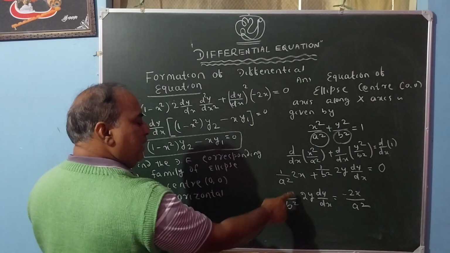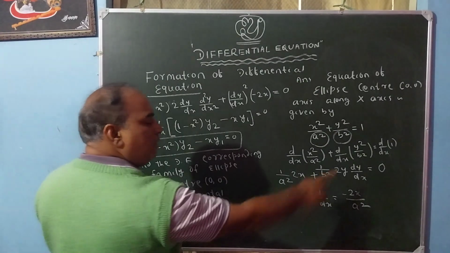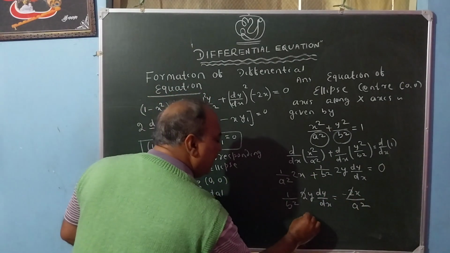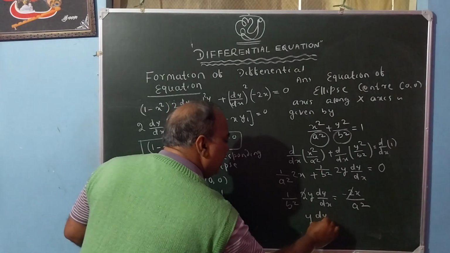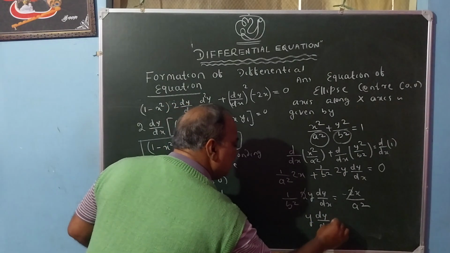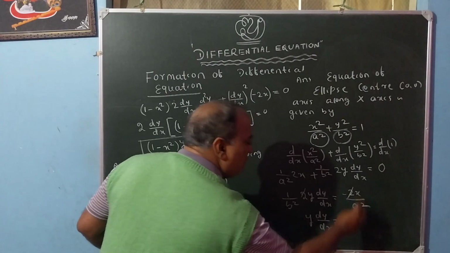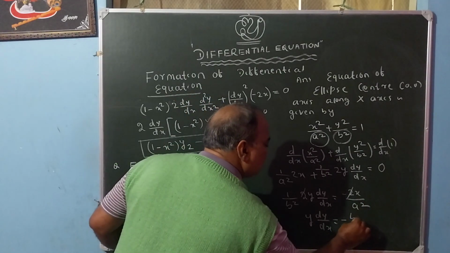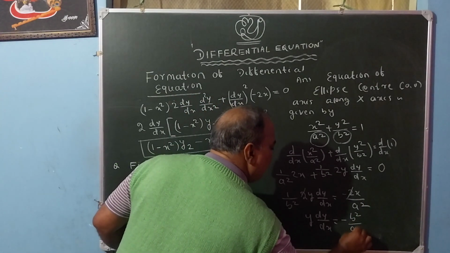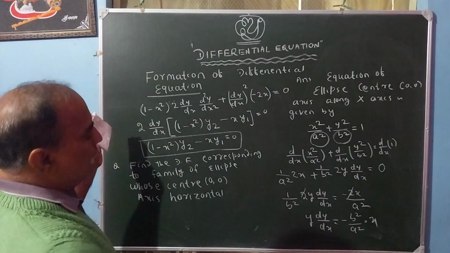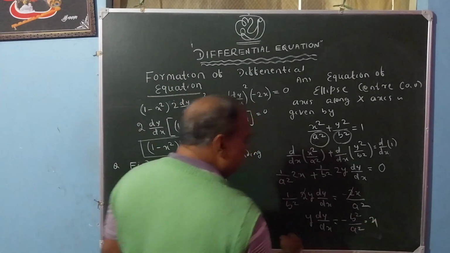So b square will be divided here, multiplied there. The 2 also cancels. So y dy/dx is equal to minus b square by a square into x. Now this x will be divided here.